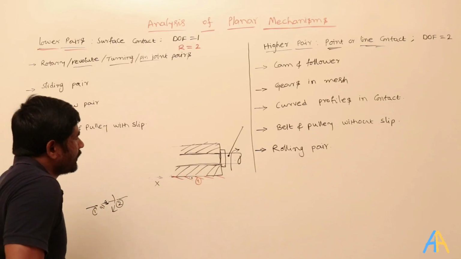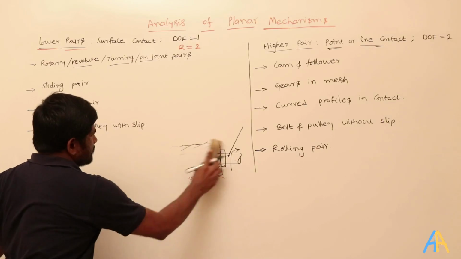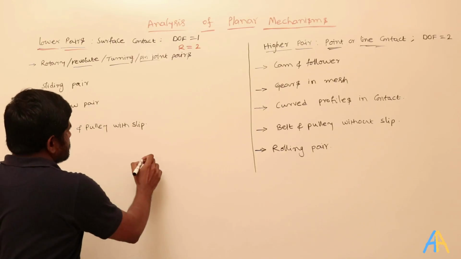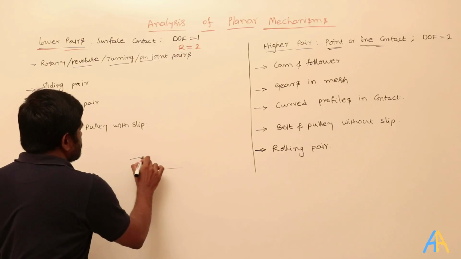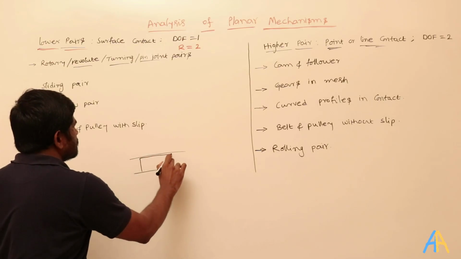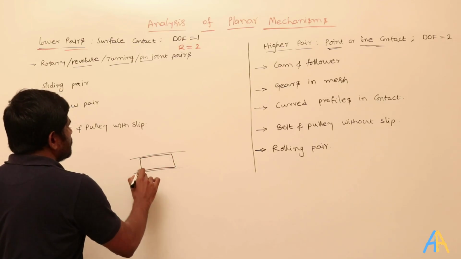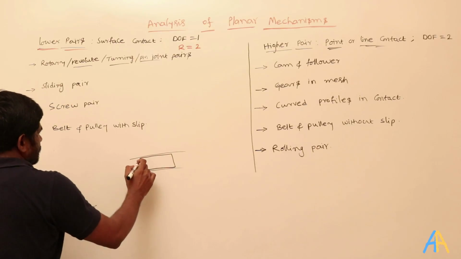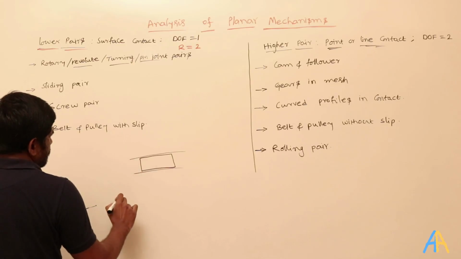So sliding pair, it is simply sliding. So how is it sliding? For example, I take a groove like this, and inside this groove it is sliding like this. This is the rectangular section I have taken.